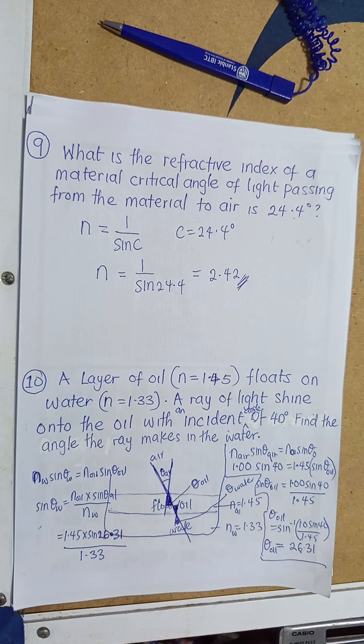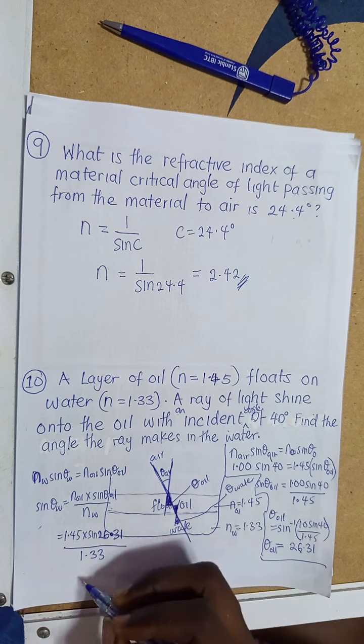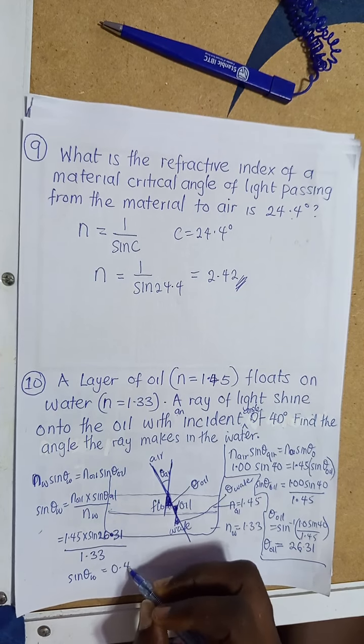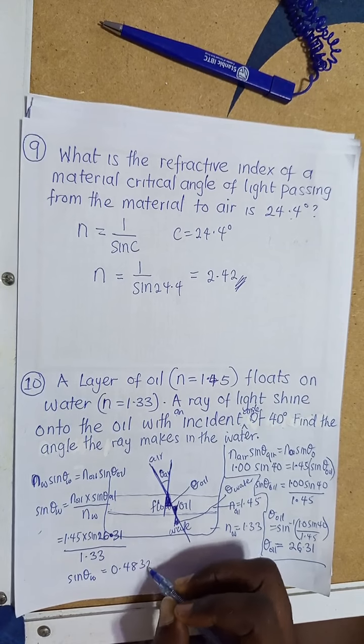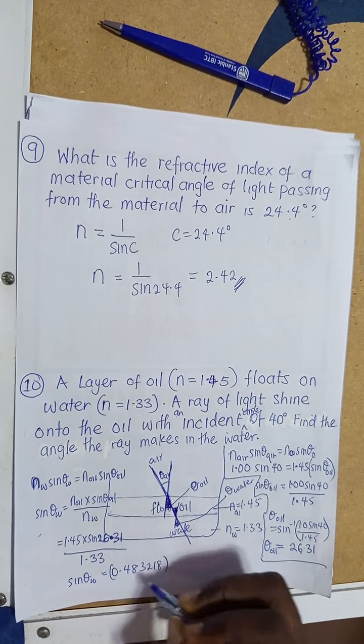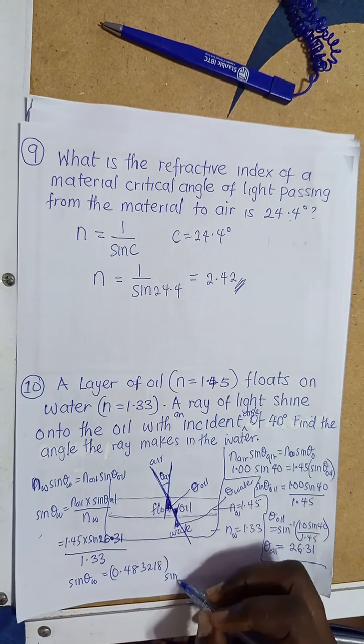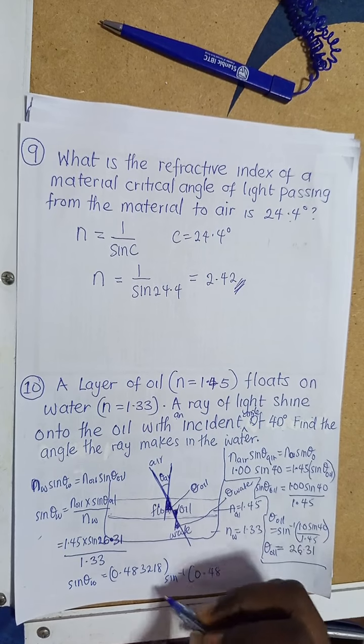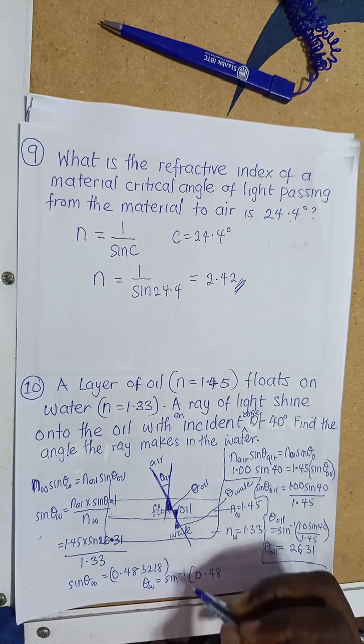So what we are seeing is sine 26.31 times 1.45 divided by 1.33. So I want to have sine theta W equal to 0.483218. So when you find the sine inverse of this answer, 0.48, to get theta W now.